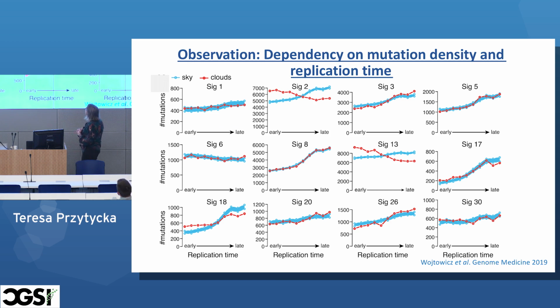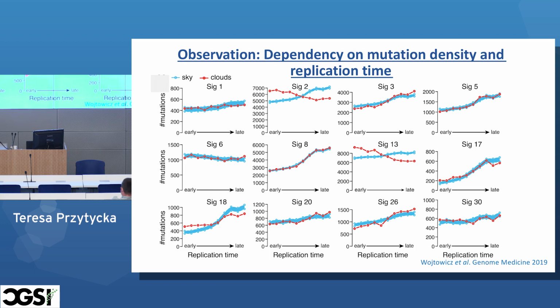So for example, here one of the properties is shown when we look at the probability of occurrence of a given mutation from a given signature as a function of replication time. For the general audience, I just want to say that when a cell replicates, replication starts simultaneously in several regions and then proceeds.